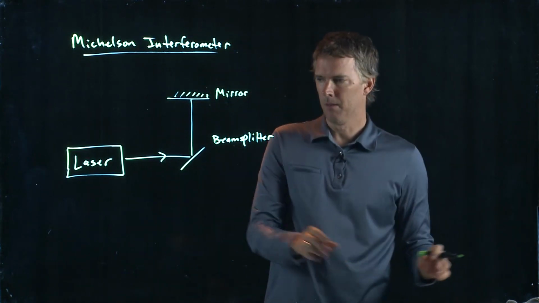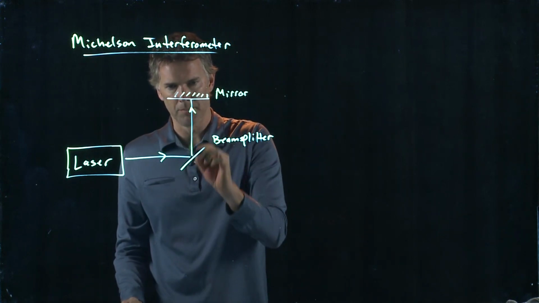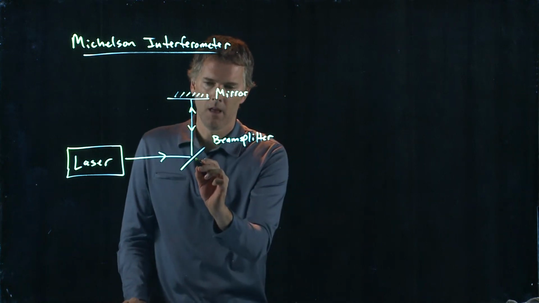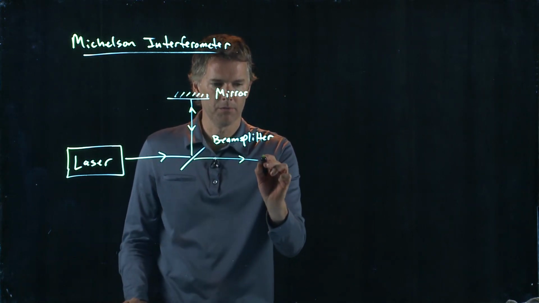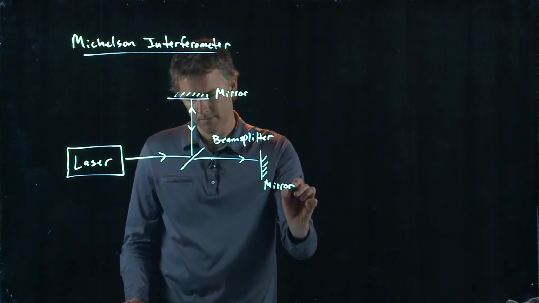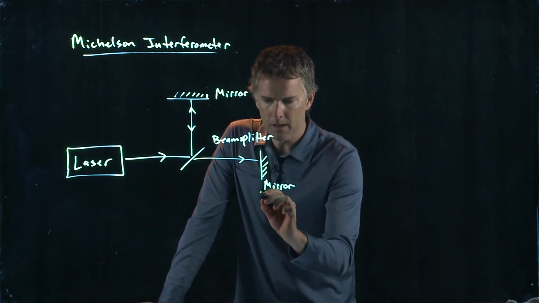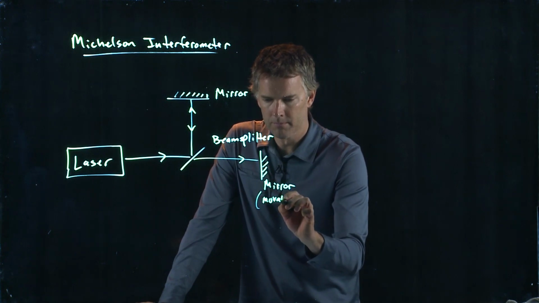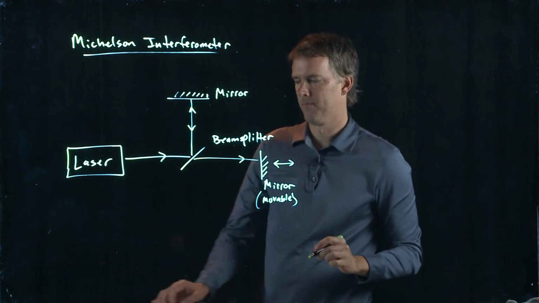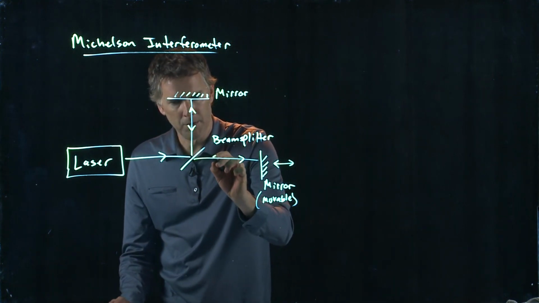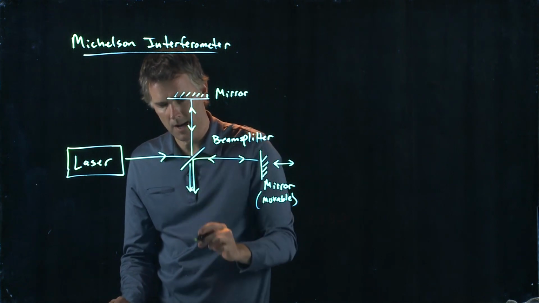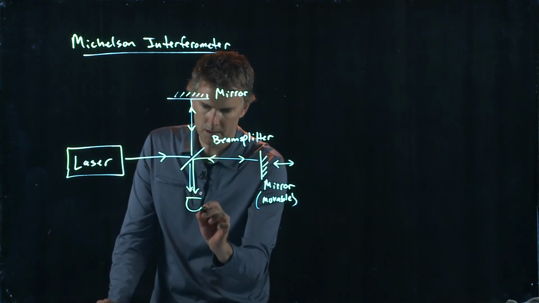Half of the beam bounces off the beam splitter, goes up to the mirror, and then comes back towards the beam splitter. The other half of the beam goes this way to another mirror. And this one is movable. So it's going to go back and forth. Those two beams come back to the beam splitter, they recombine, and they go to a detector.